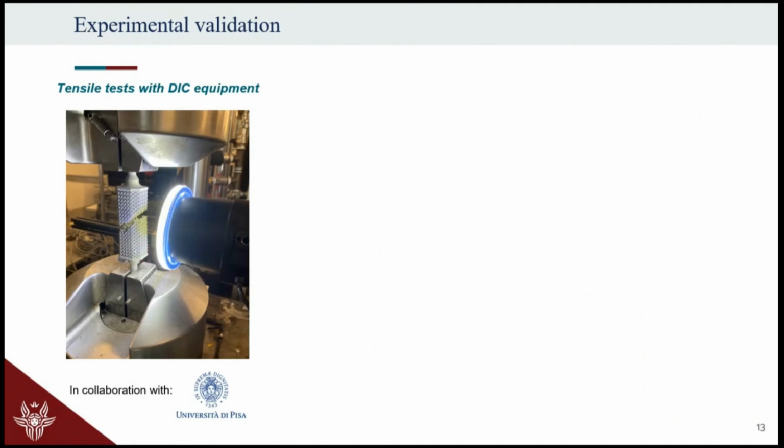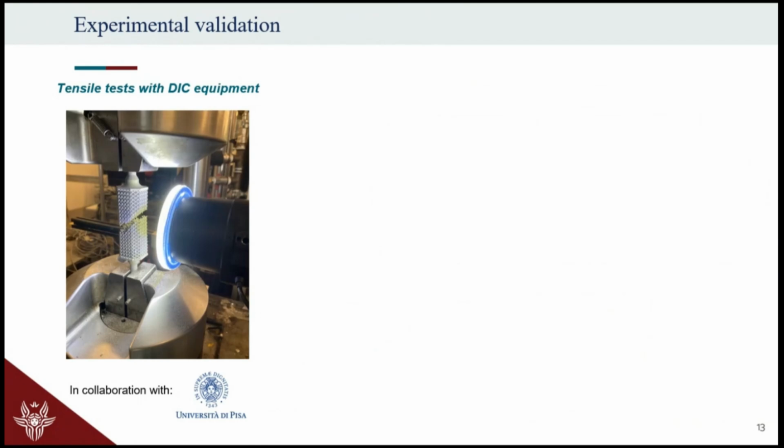Now the validation comes into play, and to do that, we printed some specimens using this BCC cell. We took advantage of polymeric printing materials, and basically this is PA12 with MJF technology.